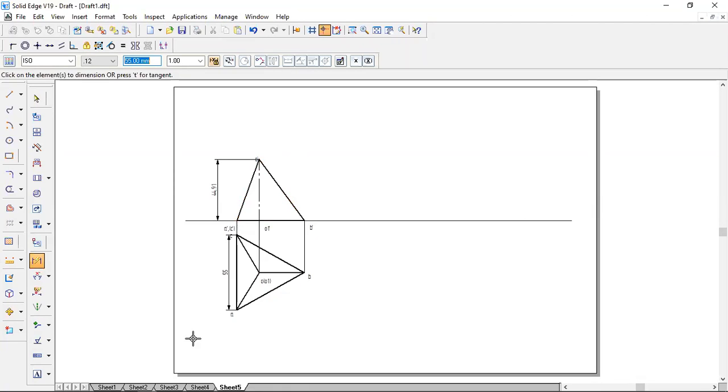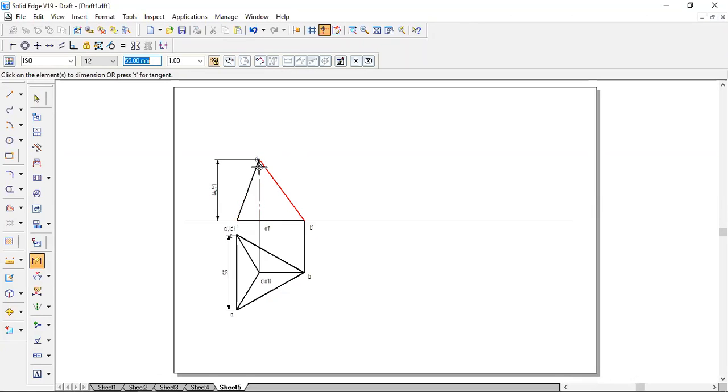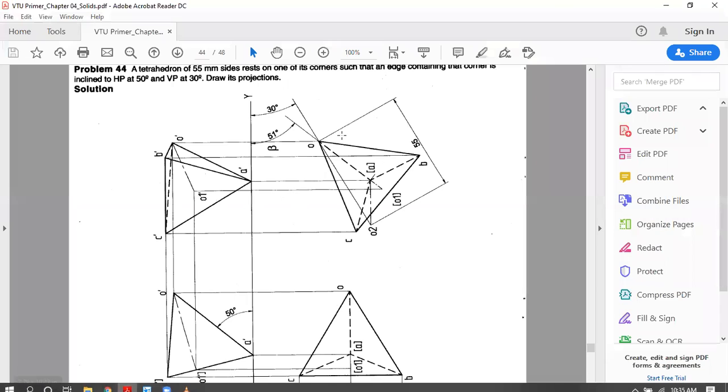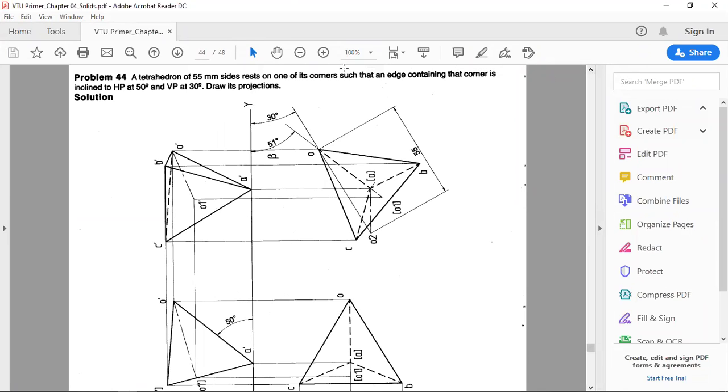So next, the second question. The initial question is very important here: how to obtain the axis height is very important that we need to check. Second question, how to draw, because he has not given any axis inclination with HP, but he has given that the edge containing the resting corner is inclined at an angle of 50 degrees to HP.